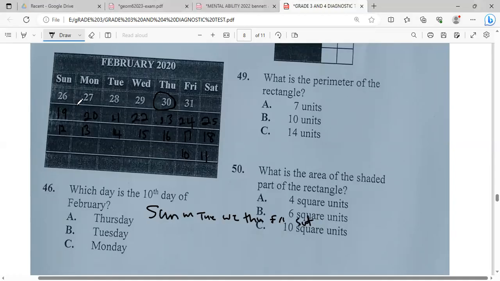All right, so basically they give you the 26th, right? So if it's 26 on Sunday, that means you have the 25th, 24, I go backwards, right? 23, 22, 21, 20, that'll be the Monday. And the Sunday, that'll be 19.